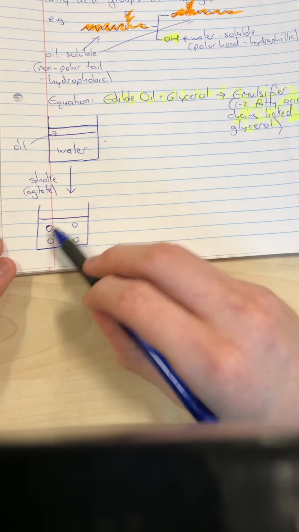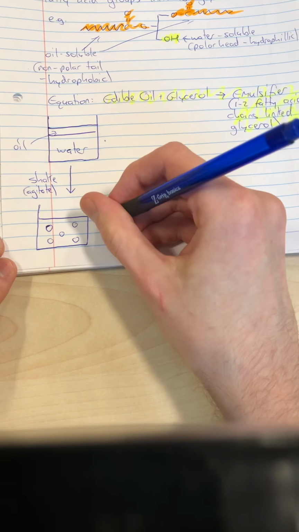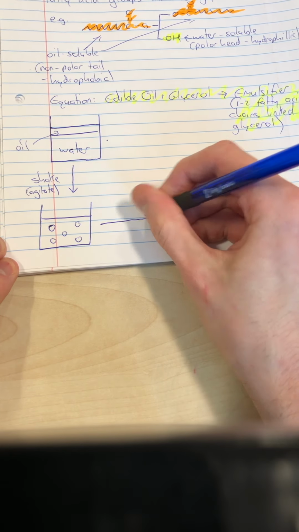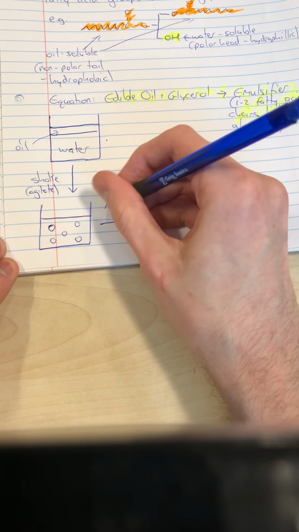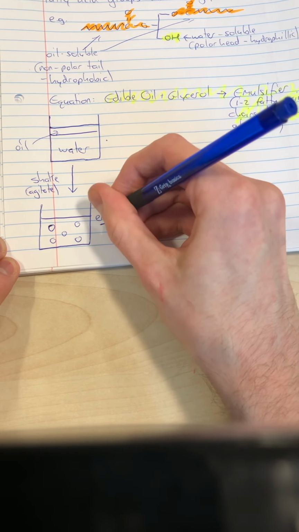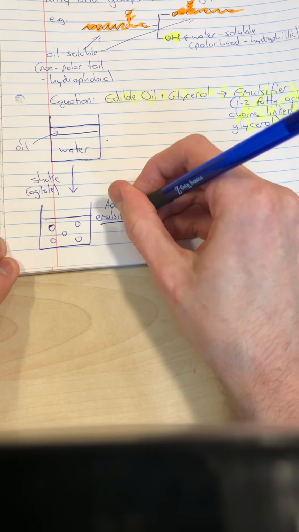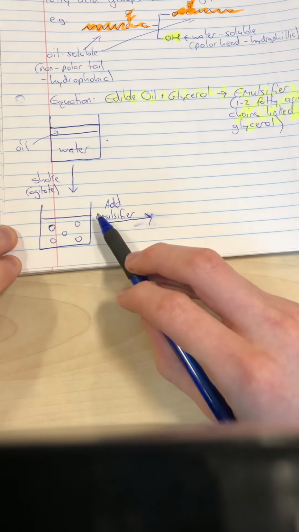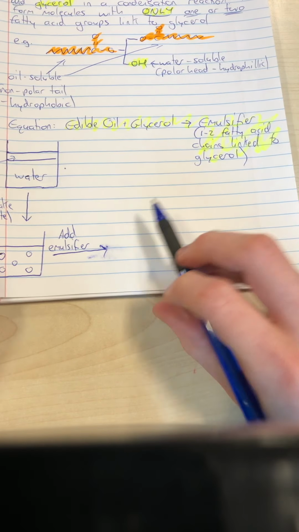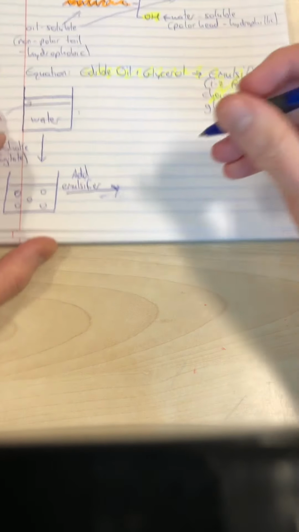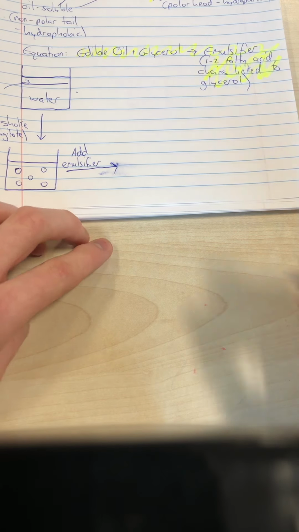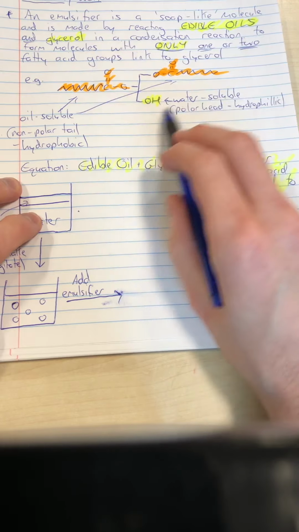So once we've agitated it, at this point, we add the emulsifier. And remember, it's soap-like. It's got a hydrophobic tail and a hydrophilic head.